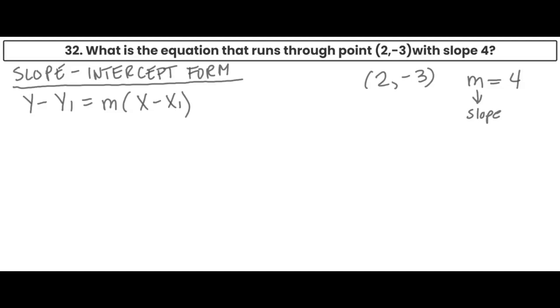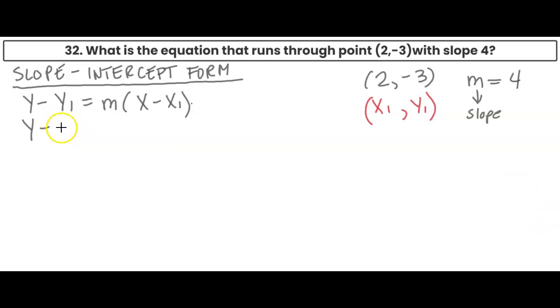Going to the left-hand side, by the way, we don't change the capital Y and the capital X. Now back to the point on the right-hand side: the 2 is x1, and the -3 is y1, because you always write the x coordinate first, followed by the y coordinate.